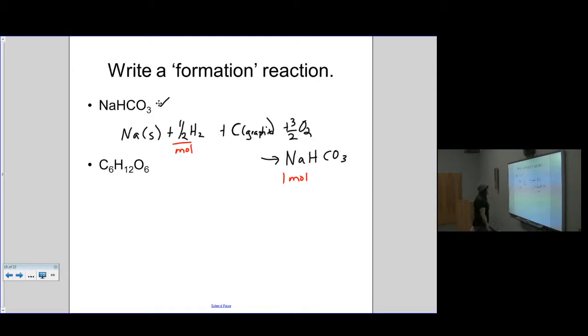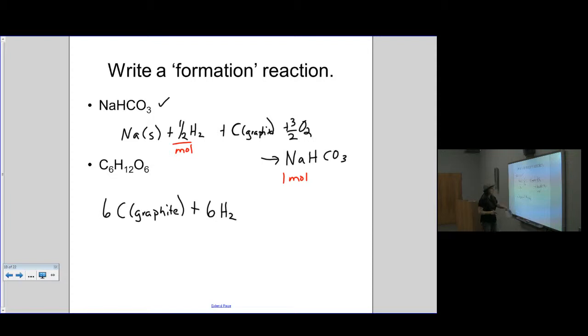What about glucose, our favorite? I want to find everything from its elements in their standard state. So I'll have 6 carbons as graphite. The other option in the table is the diamond, and that's not in its standard state. Plus, I've got 12 hydrogens here, so to make 12 hydrogens, I need 6 H2s.